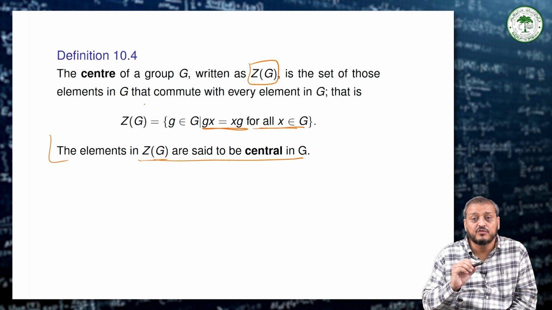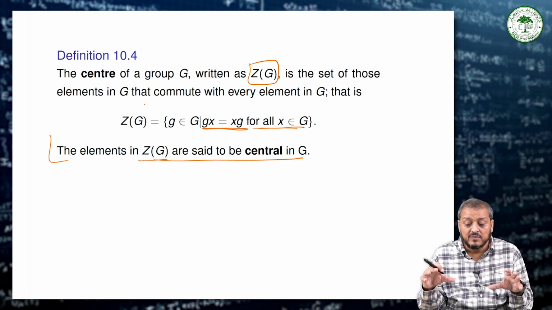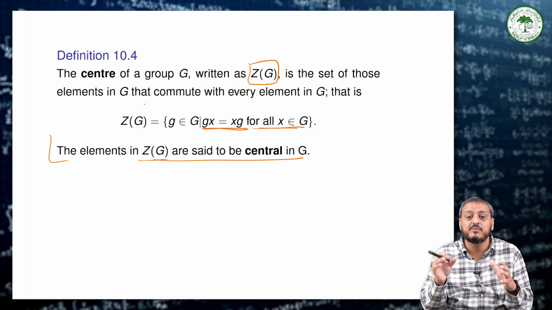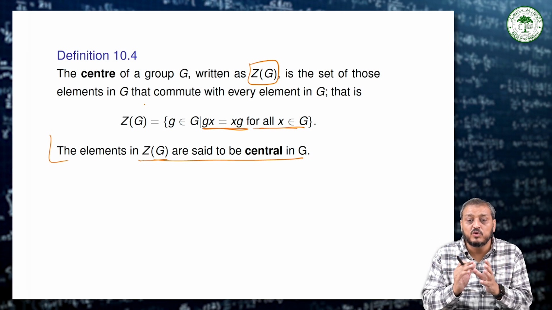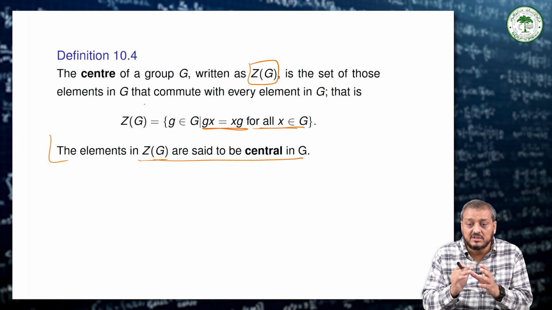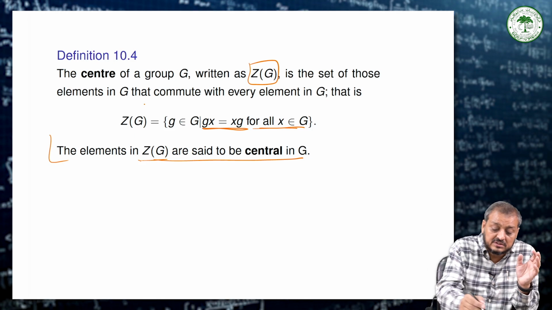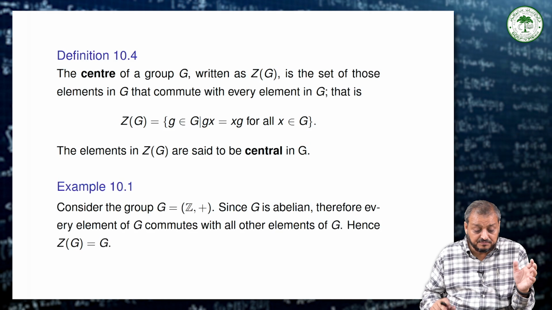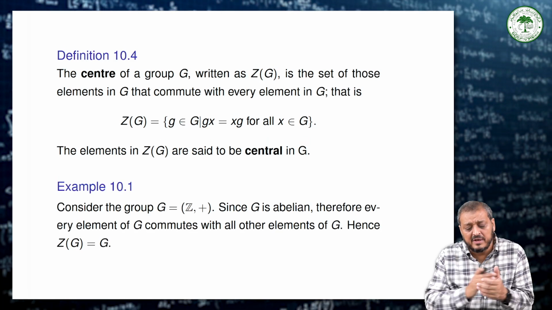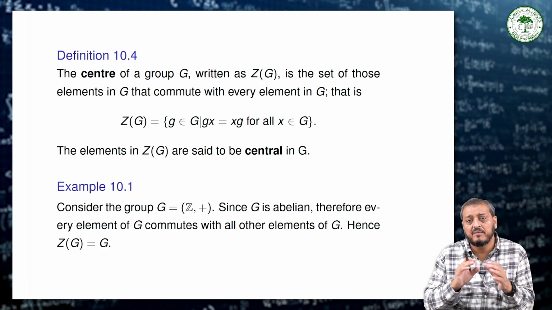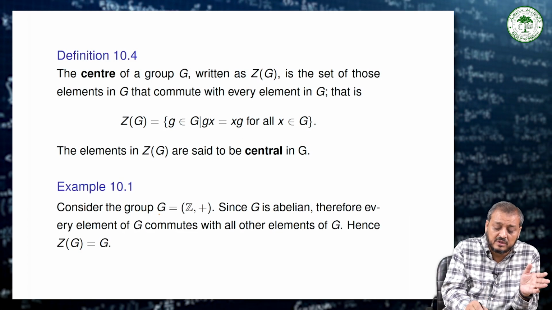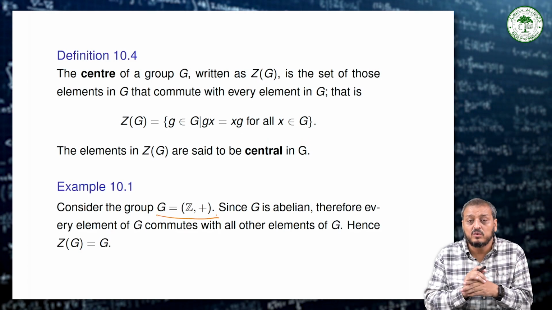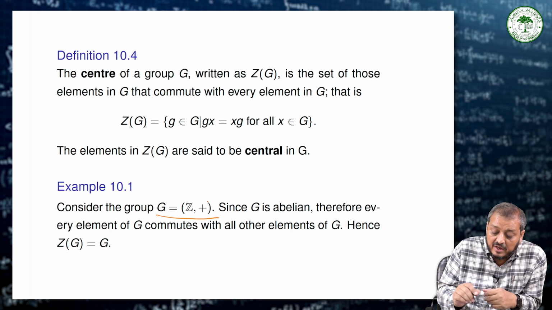Now the center of a group means we take the set of all those elements of G that commute with every element in G. Let's see, every abelian group is its own center. Suppose we consider the group G equal to the set of integers under addition.